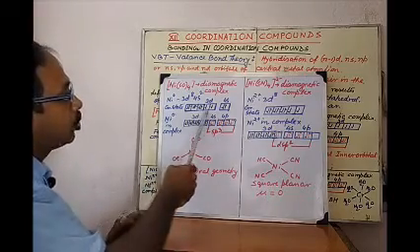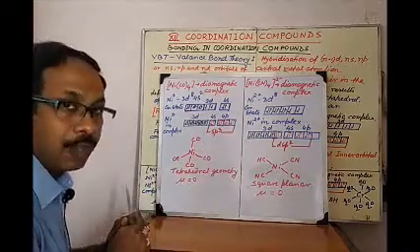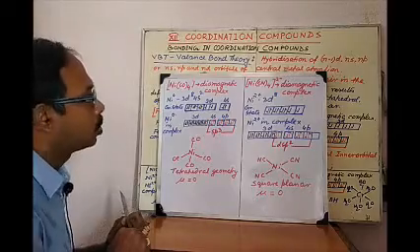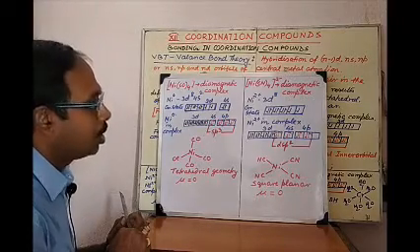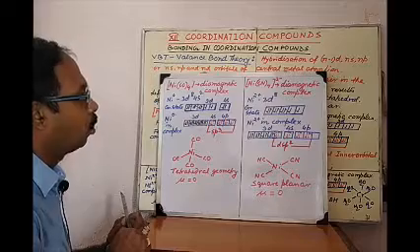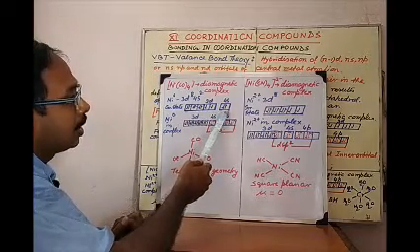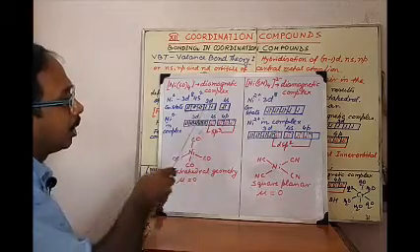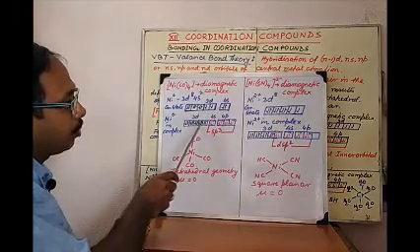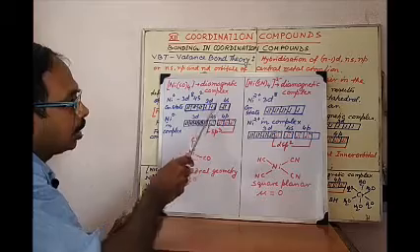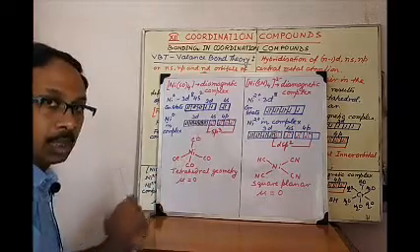Now since the 3d and 4s orbitals have very close energy levels, it is considered that these electrons come into this orbital. That means initially these 2 electrons are being paired up here, and the 4s electrons come into the 3d orbital.